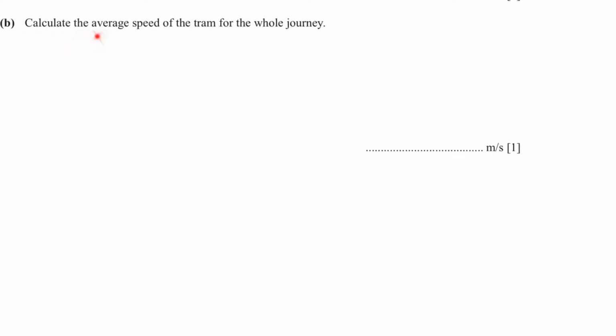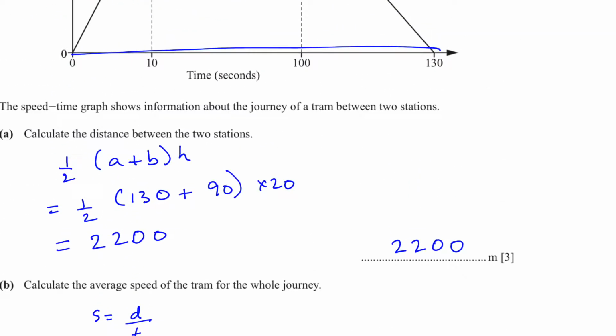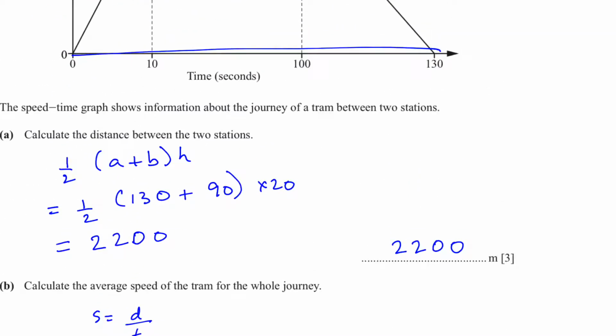In part B, they want us to calculate the average speed of the tram for the whole journey. To find the speed, we need the distance, which we found in part A, and the time. It is meters per second, so our distance we found was 2200 meters, and our time is 130 seconds.